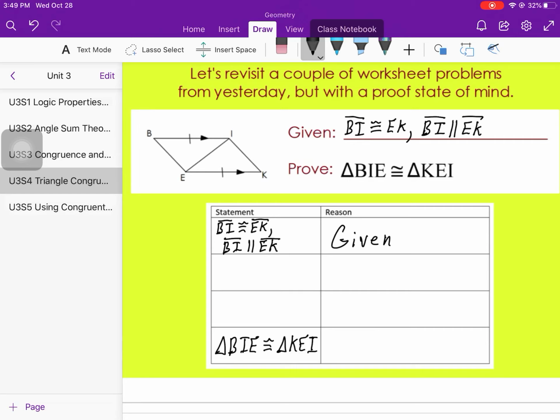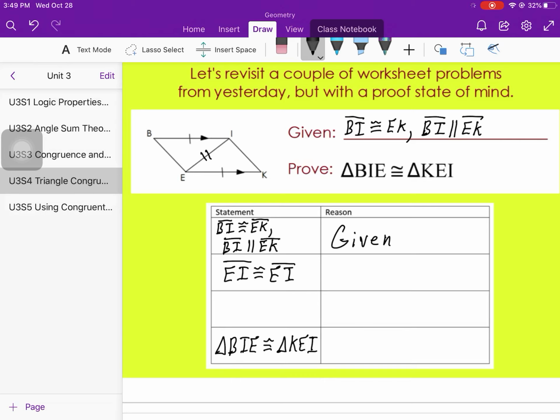Next, we want to identify something else from the diagram using the given information. So one thing that you might notice, this is my favorite thing to talk about, notice that the 2 triangles share a side. So whenever they share a side, we're always going to do this trick. It's going to be that side, which is EI, is congruent with itself.